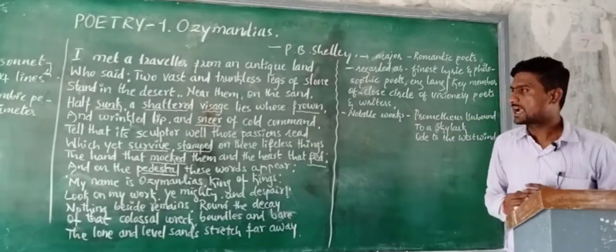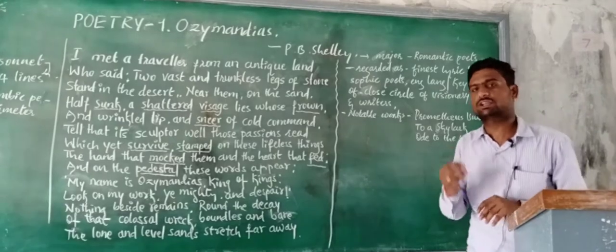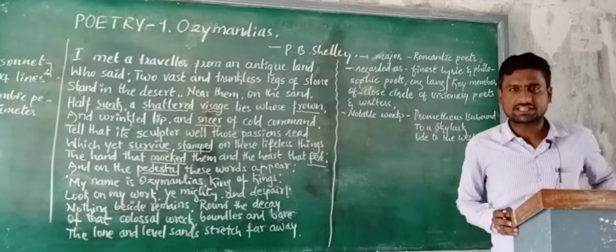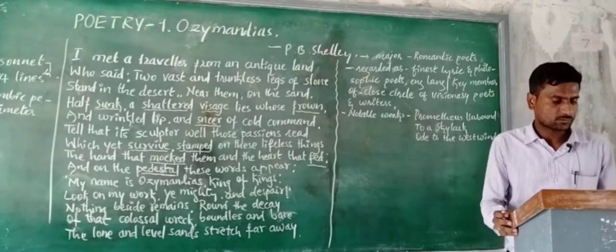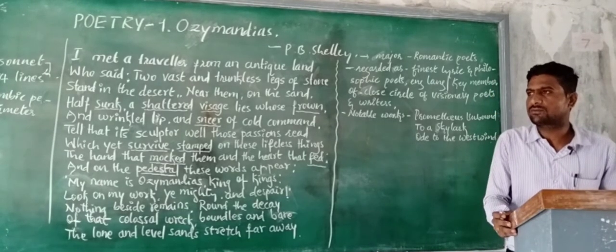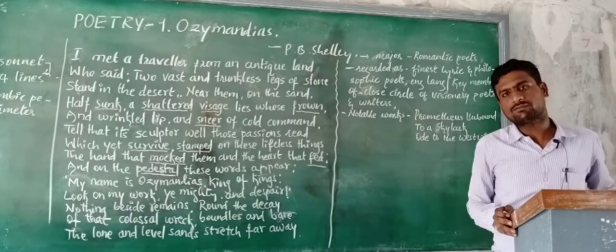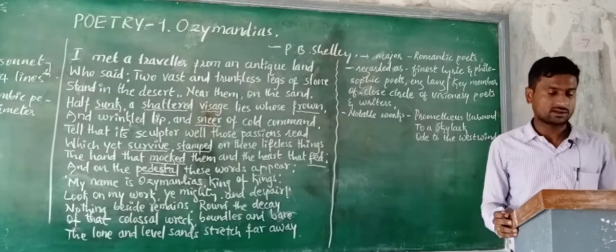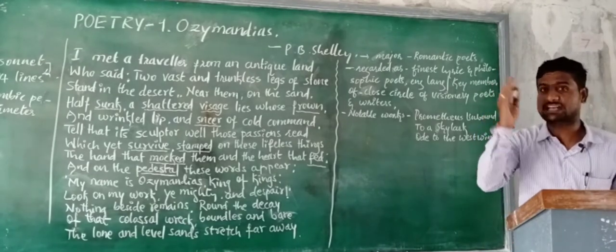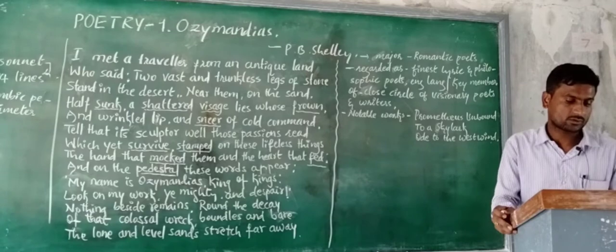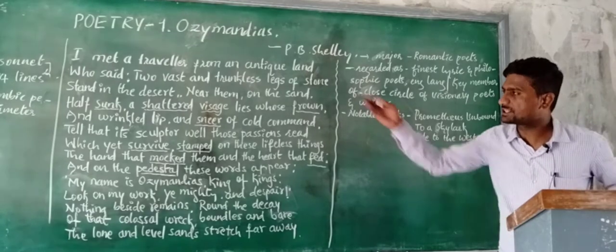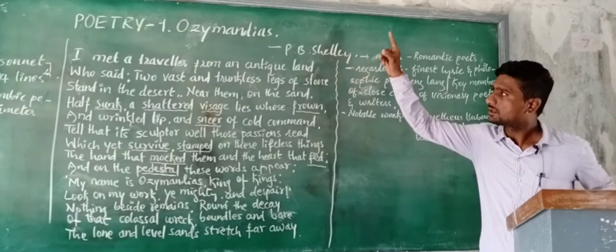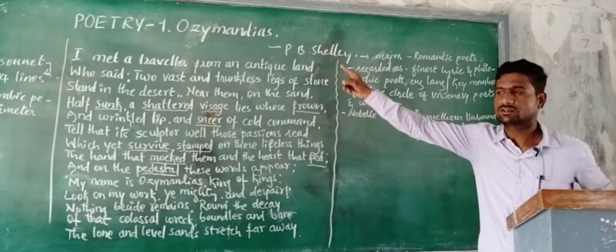And now I would like to give you the background of this poetry. The title Ozymandias was the name of the king of Egypt, and he was the powerful king of Egypt in ancient times.